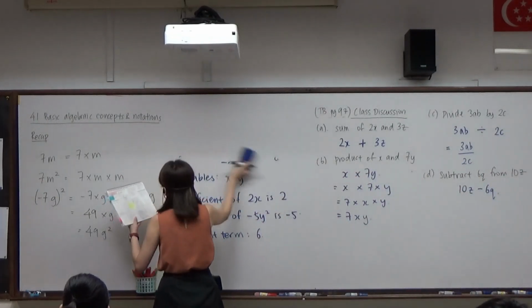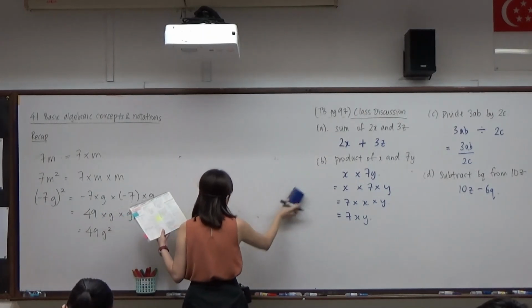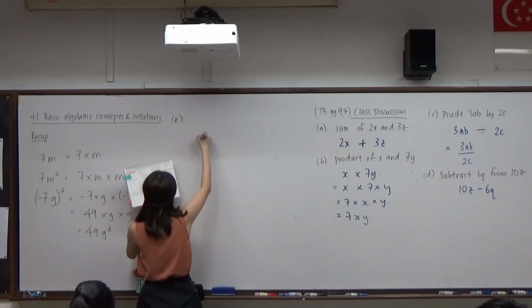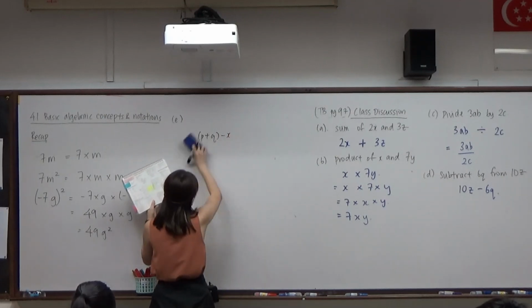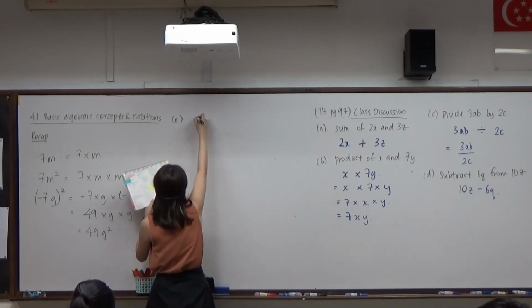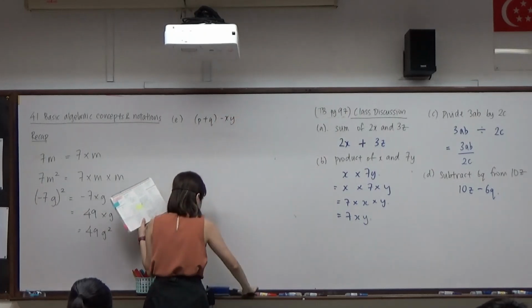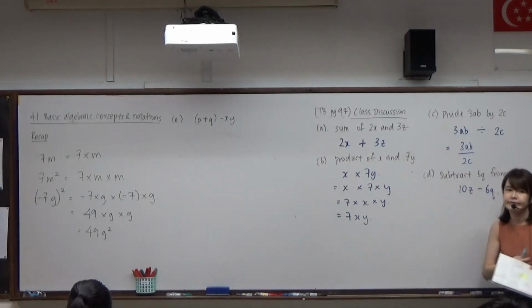Next, we look at part E. Part E gave us an expression already. What we need to do is to figure out how to write this out in words. Would anyone want to give this a try?